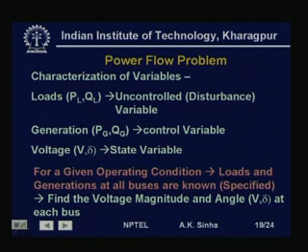Therefore, these variables are called uncontrolled variables or disturbance variables, whereas generation PG and QG are controlled by the power system operator. Depending on the load on the system, he raises or lowers the generation at different generators.